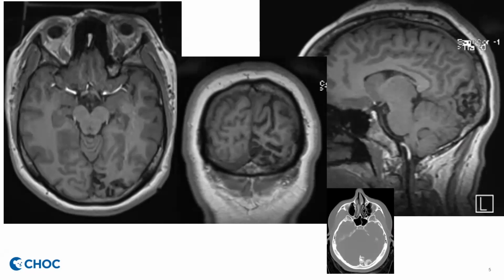So your bottom of the head is here, your nose and eyeballs are towards the top, but then the right side of the brain is on the left side of the picture. So this is the back side of the head and this is the front side of the head.